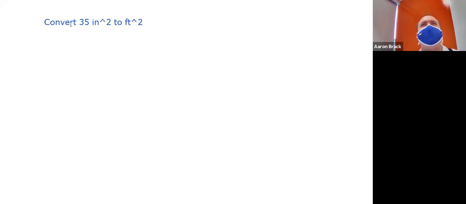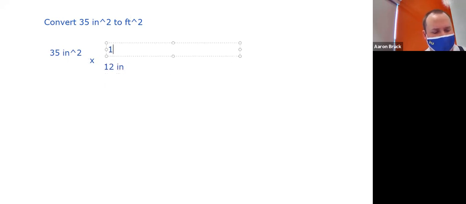Well, most of us off the top of our heads don't know the conversion between square inches and square feet. Again, I don't. But what we do know is that there is a conversion that we can readily find for going between inches and feet.